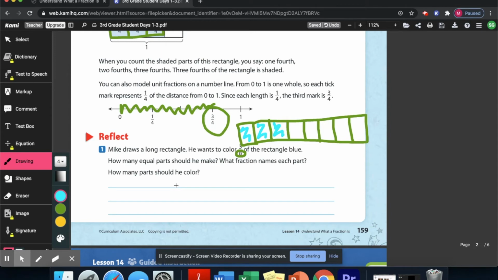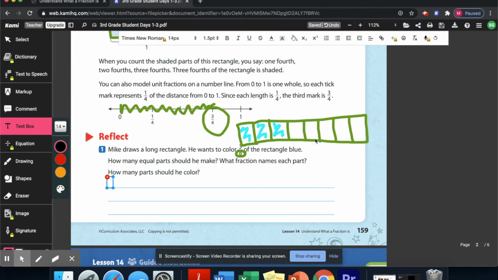How many equal parts should he make? So how many equal parts did he make? 1, 2, 3, 4, 5, 6, 7, 8. So you can look at your drawing, or you can even look at the fraction they gave us, 3/8. You know 8 is a denominator, and you know that's how many make the entire whole rectangle.